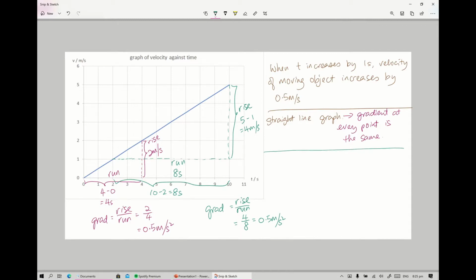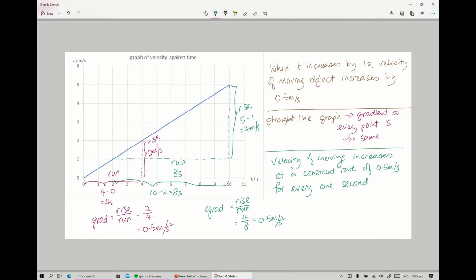describe the shape of the graph by saying velocity of moving object increases at a constant rate of 0.5 meter per second for every 1 second.